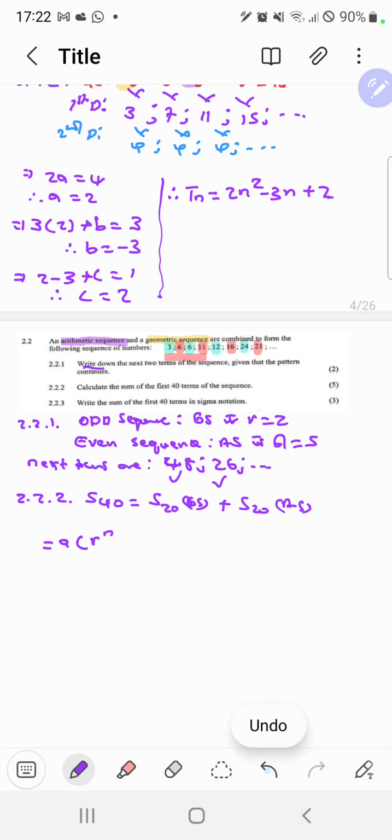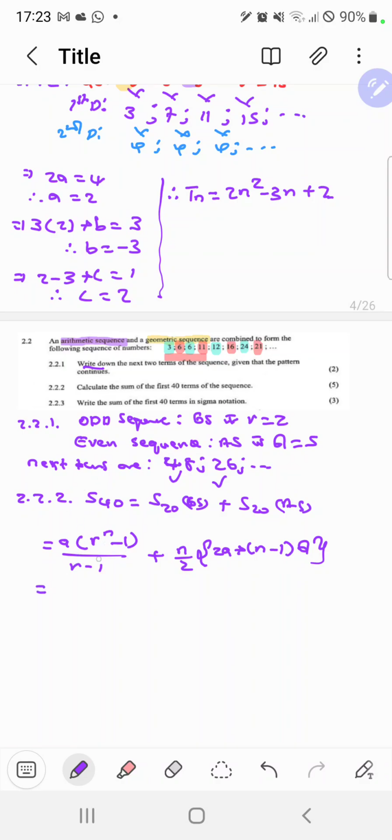Let's just write the formula first. Minus 1 all over R minus 1. Then we add here N over 2 into, and then of course we're just going to say 2A plus N minus 1 times D. And then we substitute.